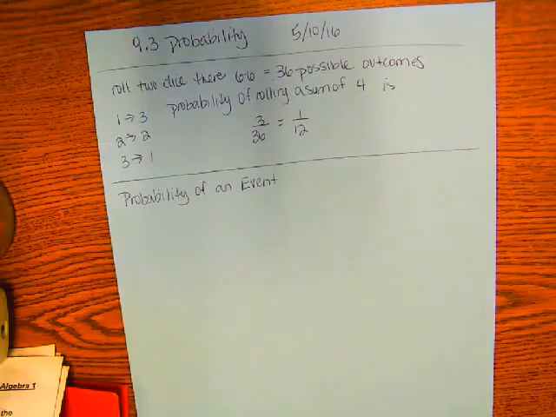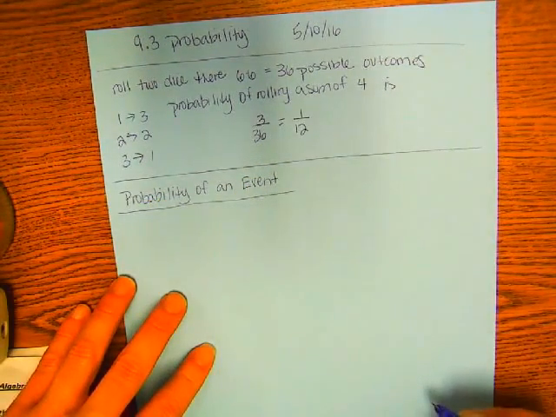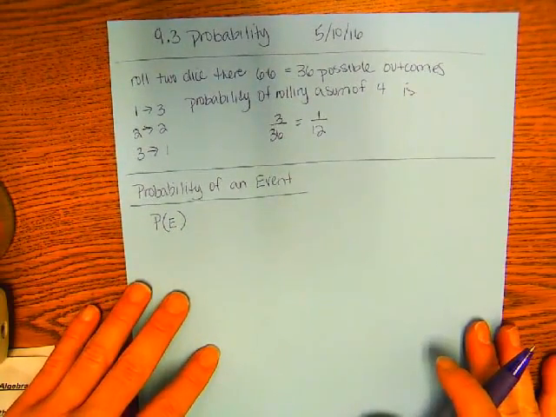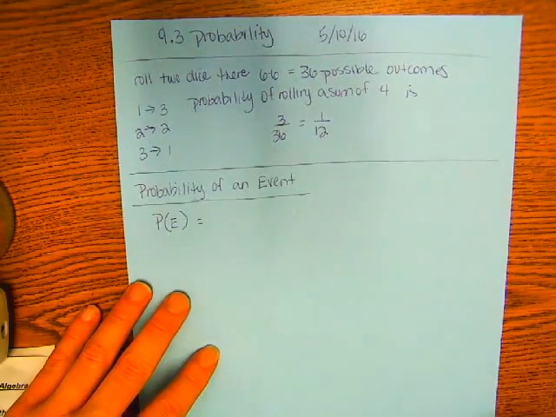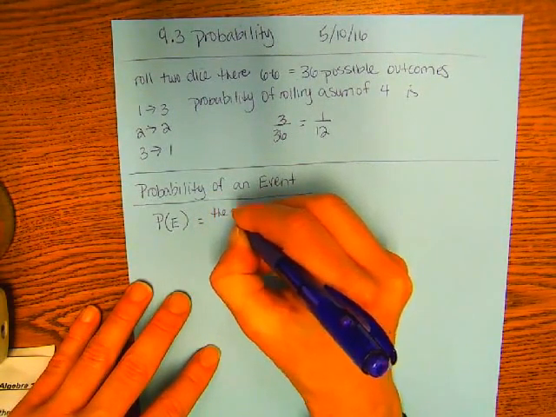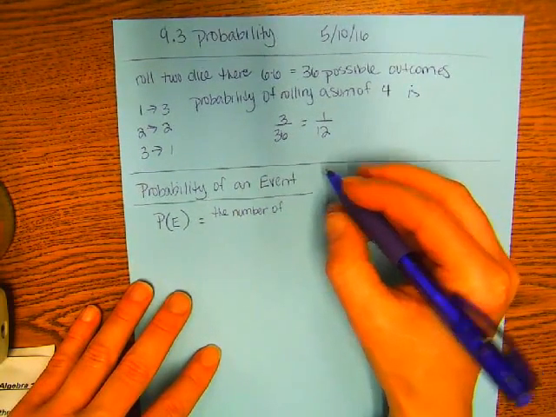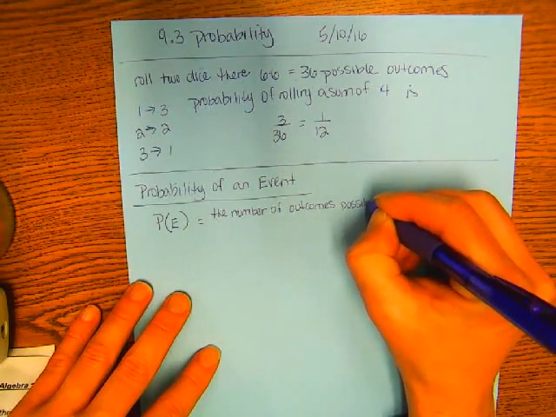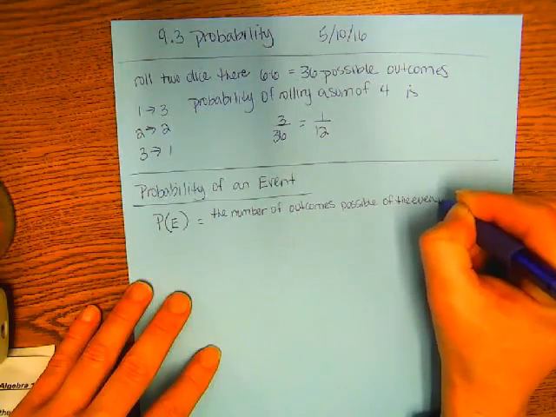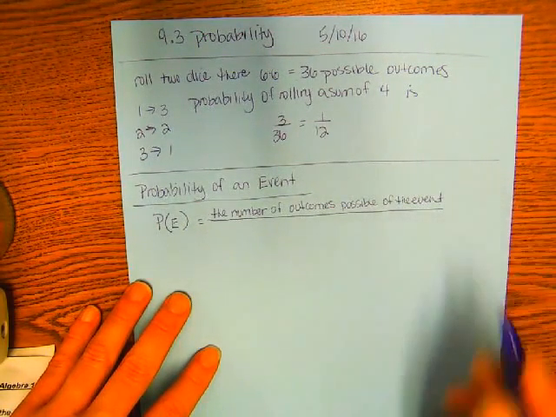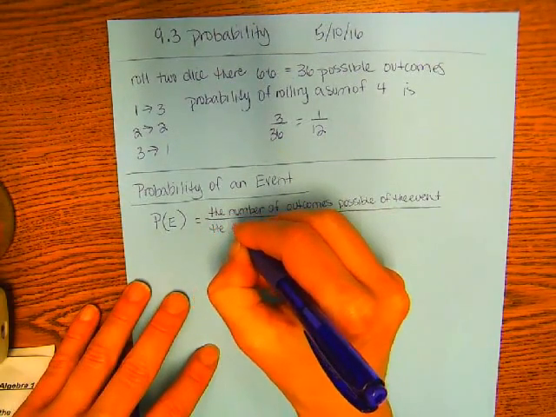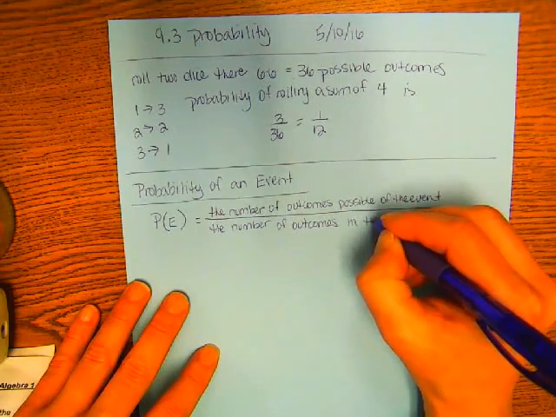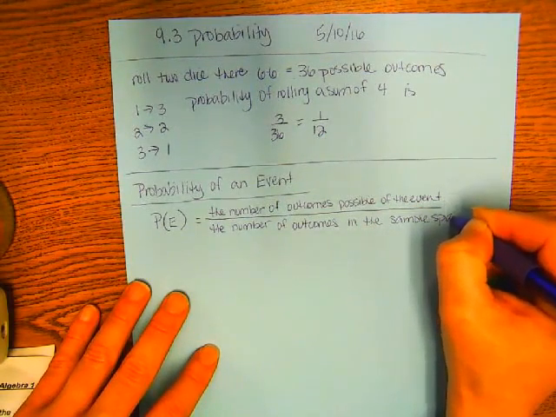If I want to find the probability of an event, the shorthand notation is P of E. What we are going to do is take the number of outcomes possible of the event and divide it by the number of outcomes in the sample space. And if you don't know what sample space is, after you write this down, we'll talk about that.